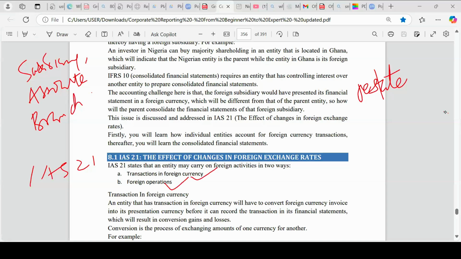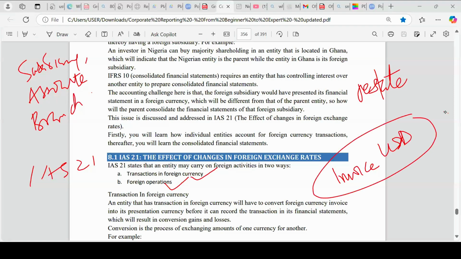Now, when we say transactions in foreign currency, it simply means, let's say a company in Nigeria has a transaction with another company in the United States of America, and they have invoiced us in USD. This qualifies for transaction in foreign currency.